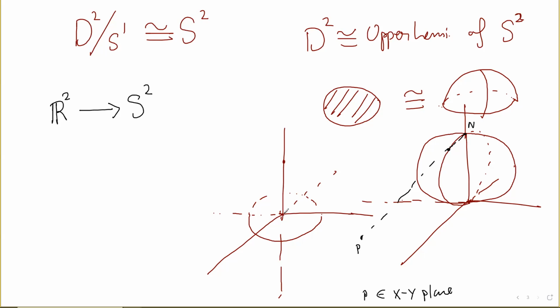You have to take this line, which we know what it is, and map it to this semicircle, and you can just write an equation for this. So this is the x-axis, and this is the y-axis, and this is the z-axis.